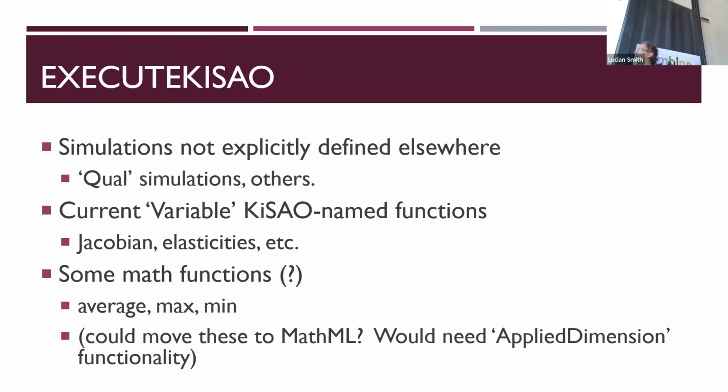Calculate the elasticities, calculate the specific elasticity, anything like that. I'm not sure about particular math functions that we moved into the variable construct in SED-ML Level 1 version 4: average, max, min. I could imagine those either moving to MathML or moving to Casal. And I don't know which one is going to be simpler or more what people are going to want to do more likely.